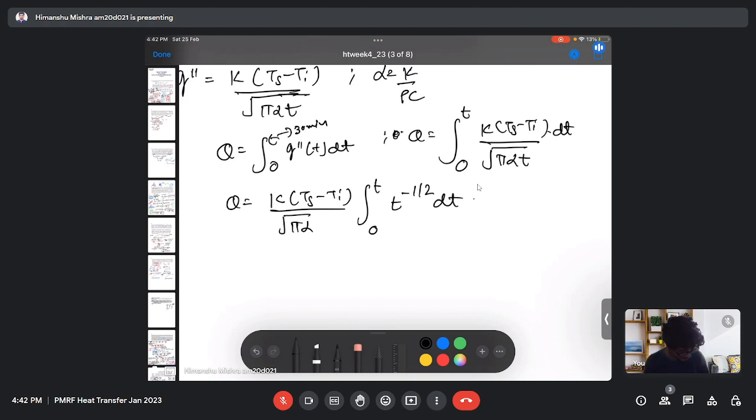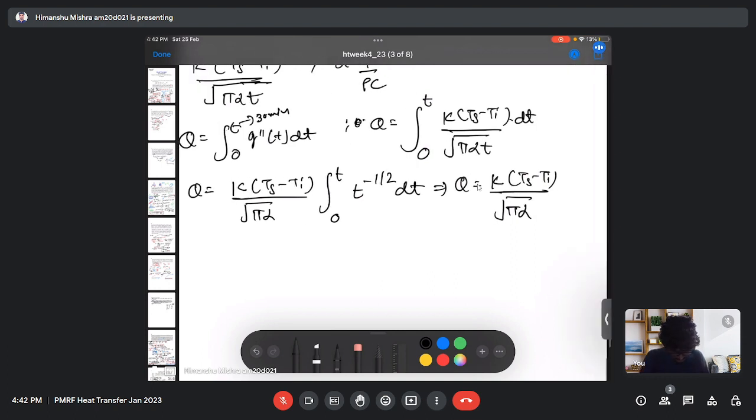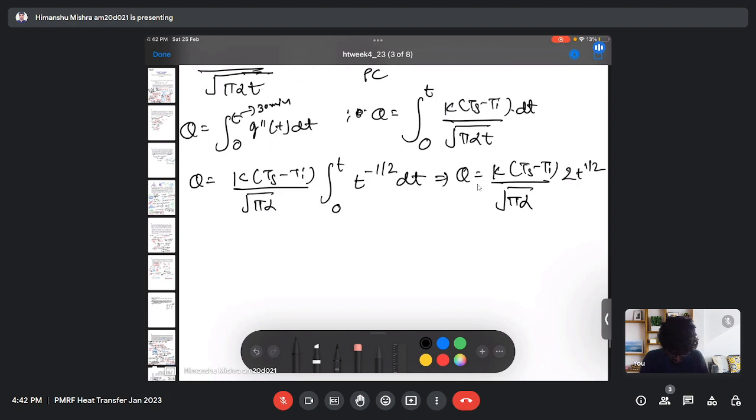Now when I integrate this, it will be k (Ts minus Ti) over root pi alpha, times 2 root t. This is my total heat transfer, and my upper limit t is 30 into 60 seconds.